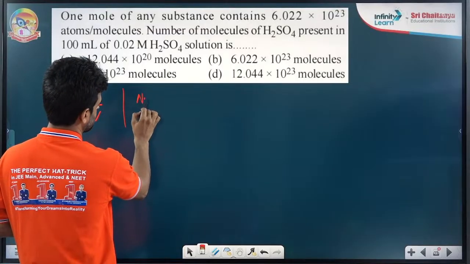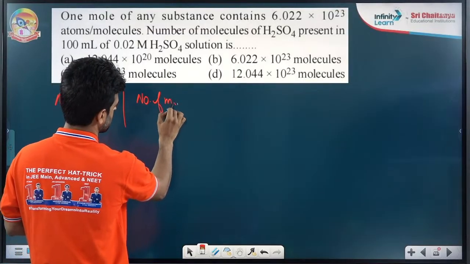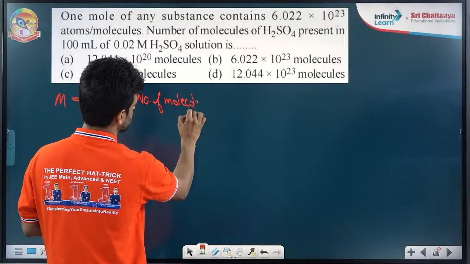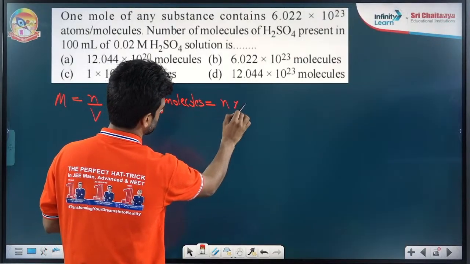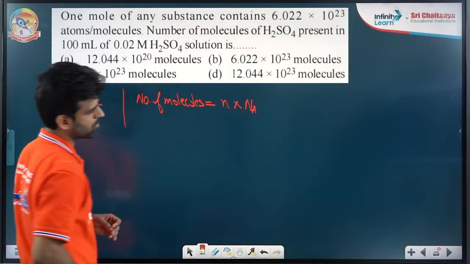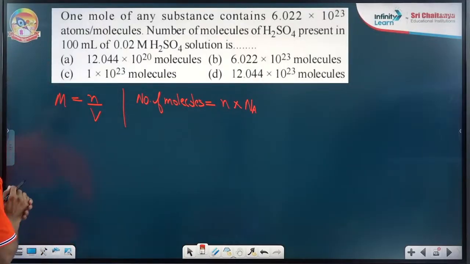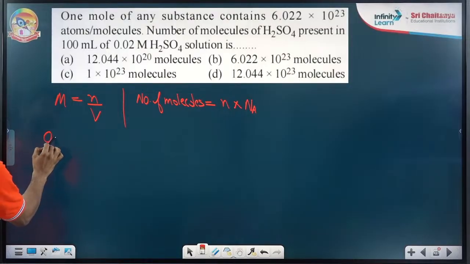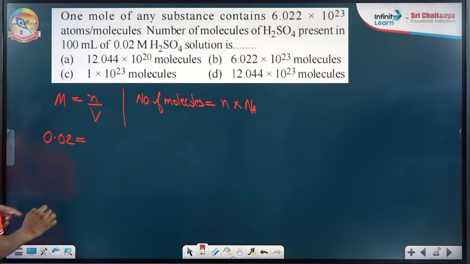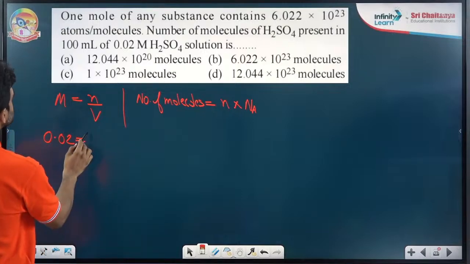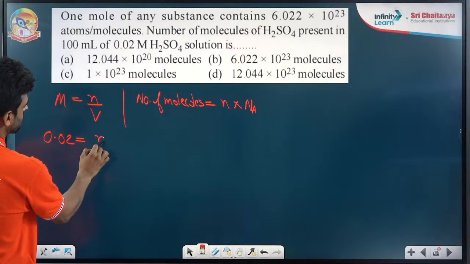How? Very easy. It's just the reverse of the previous question. Number of moles into Avogadro number, Na. The molarity given is 0.02, and I have to find the number of moles.